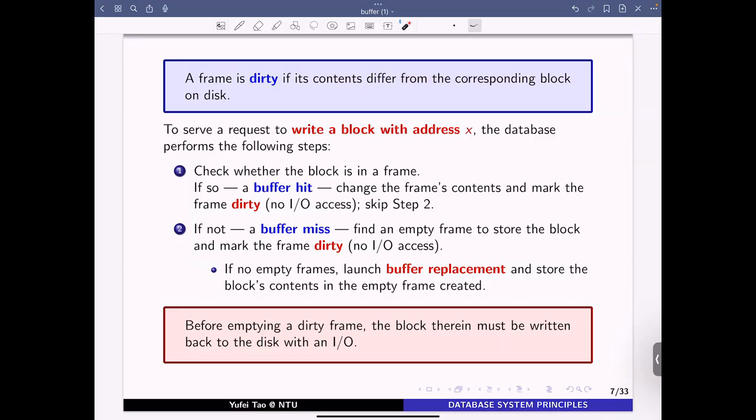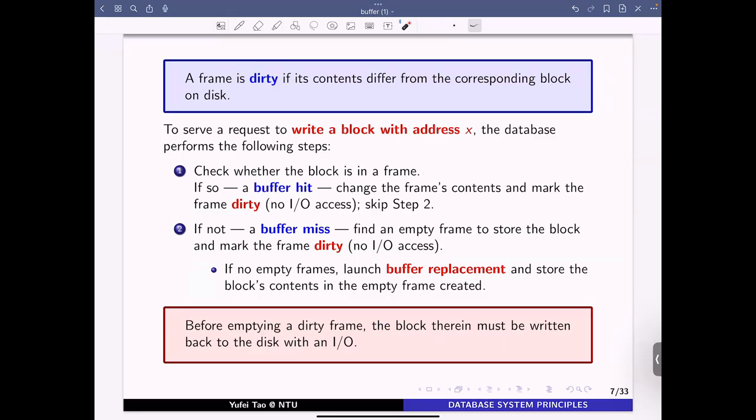Okay, so this is where this notion of dirty comes into the picture. So formally, we say a frame is dirty if its contents are no longer identical to the contents of the corresponding block. Okay, so this is a very important concept. So it appears here, before the writing process.